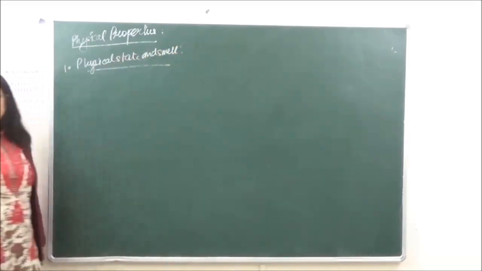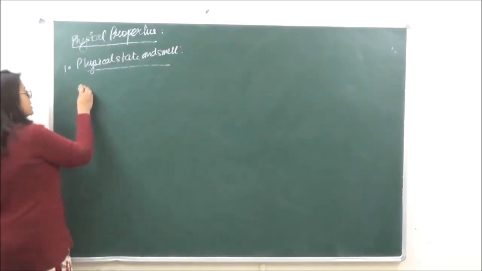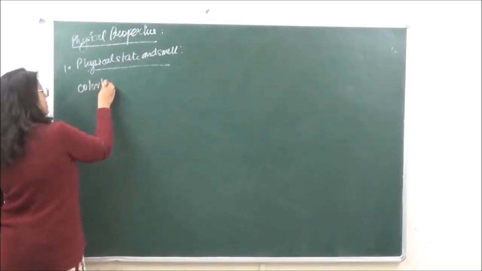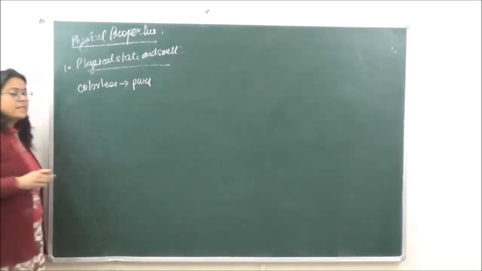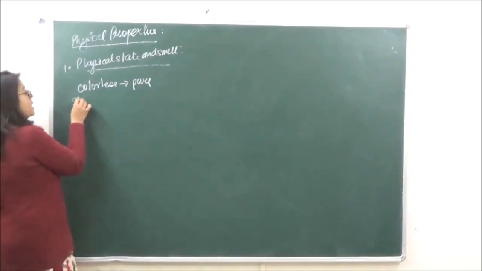Physical state and smell. Haloalkanes are generally colorless. When they are present in the pure state, they are sweet smelling liquids.